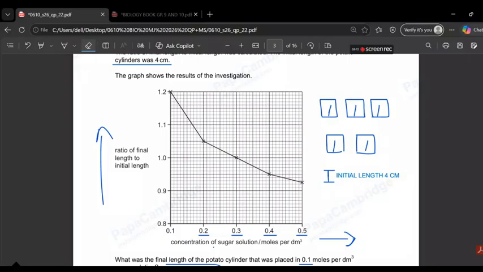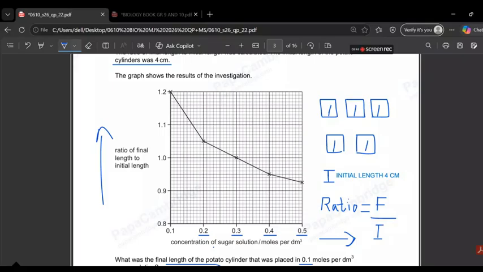So in fact, there is a formula for ratio calculation. You should know that the ratio is equal to the final length of the potato cylinders divided by the initial length of the potato cylinders.